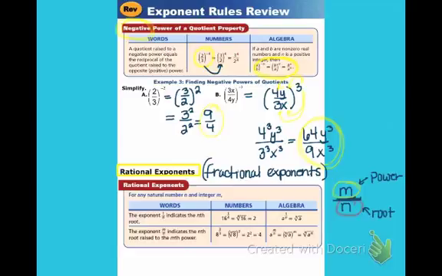And as far as the order that you do that in, it really doesn't make a difference to your final outcome. You could take the base and raise it to the power and then take the root, but it's usually easier if you take the root of the base first, because then you're dealing with smaller numbers, and then raise that smaller number to the power. But the order really doesn't matter.